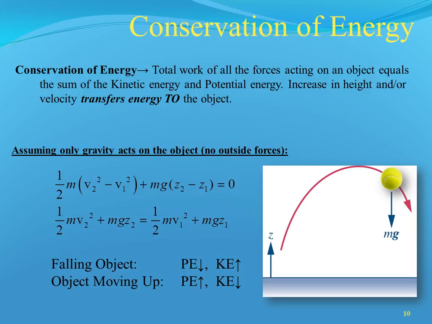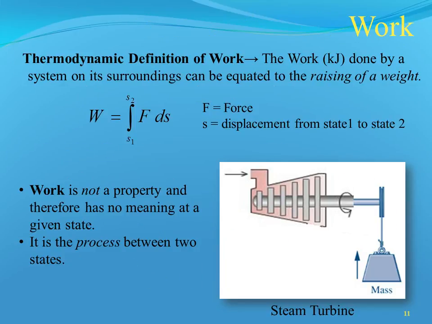If we were to, let's say, apply a force to an object, or if we threw a ball up in the air and let momentum carry the ball to a certain height, we would have an increase in potential energy because the height would be increasing, and we'd have a decrease in kinetic energy because as the ball went up, the velocity would decrease due to the force acting on it from gravity, right?